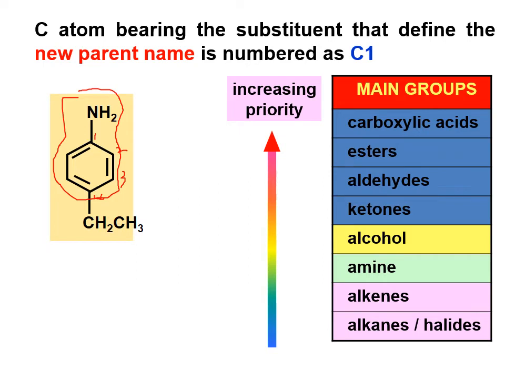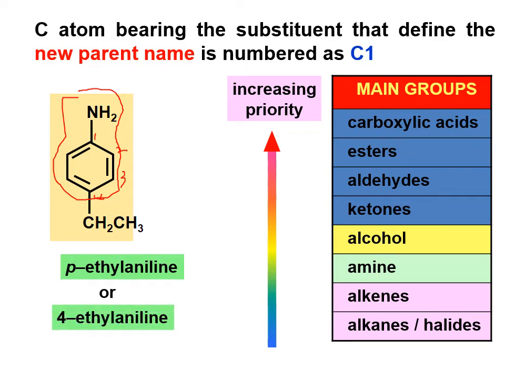So the IUPAC name will be 4-ethylaniline or p-ethylaniline. P is telling us the ethyl is at position number 4. So it's 1 and 4. I think it will be easier for you if you use the number to give the IUPAC name instead of the prefixes.